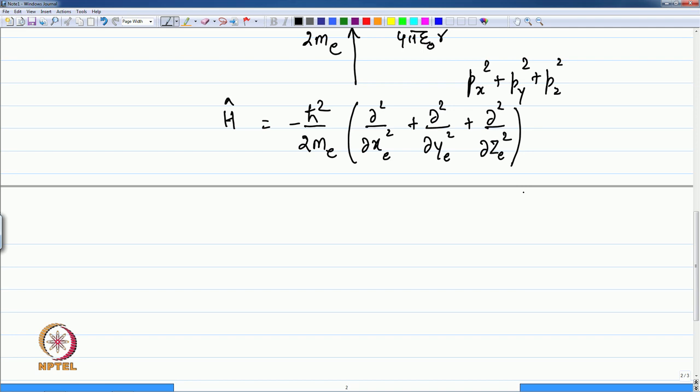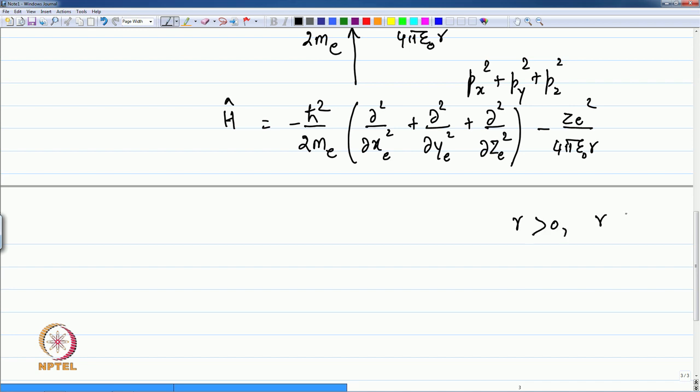And then you have the potential energy minus Ze squared by 4 pi epsilon naught r, and r is in principle greater than 0 and less than or equal to infinity.